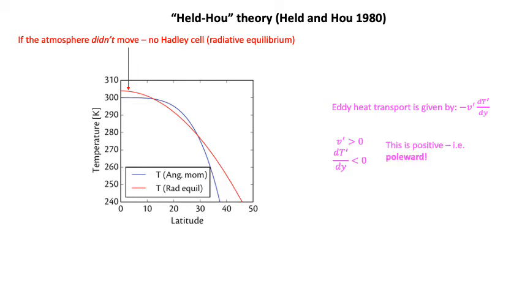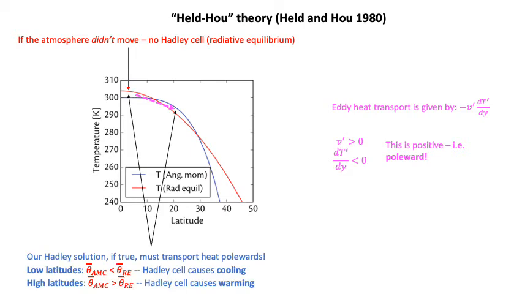If you put those together, the minus sign up front makes this term positive. So there's a poleward heat transport. Air is moving from warm to cold, so it must be transporting heat with it fundamentally. That's what's shown in this pink arrow on the left. A really cool conceptual understanding of this is that our Hadley solution, if it's true, must transport heat polewards.